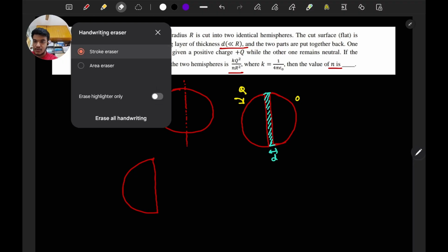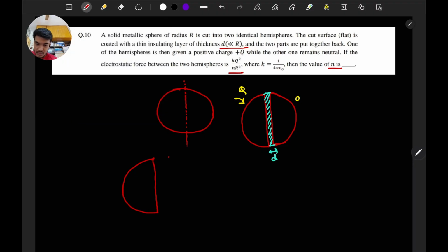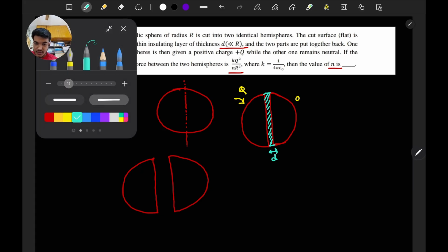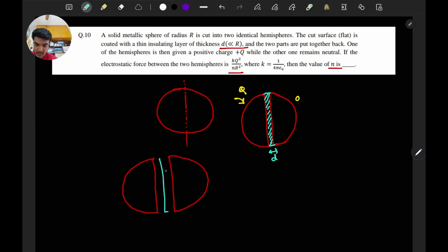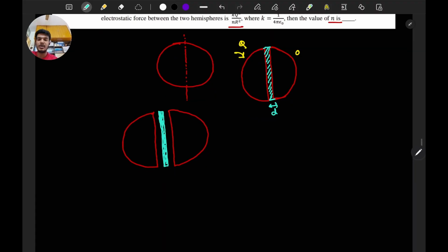So this is my other hemisphere, and this is my insulating coating, whatever you like to call it. So this is the coated part.